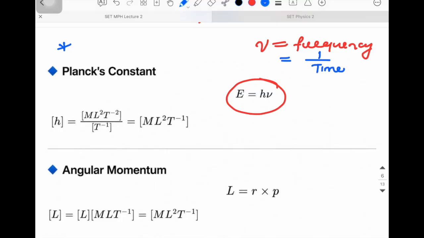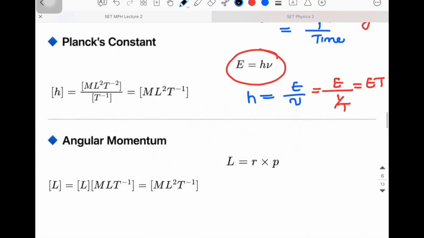So for the dimension of Planck's constant, h equals E by nu. Nu we can write as 1 by T. So E by 1 by time period becomes E into T, dimension of energy into dimension of time. So dimension of energy M L square T power minus 2 into dimension of time T, gives M L square T power minus 1.